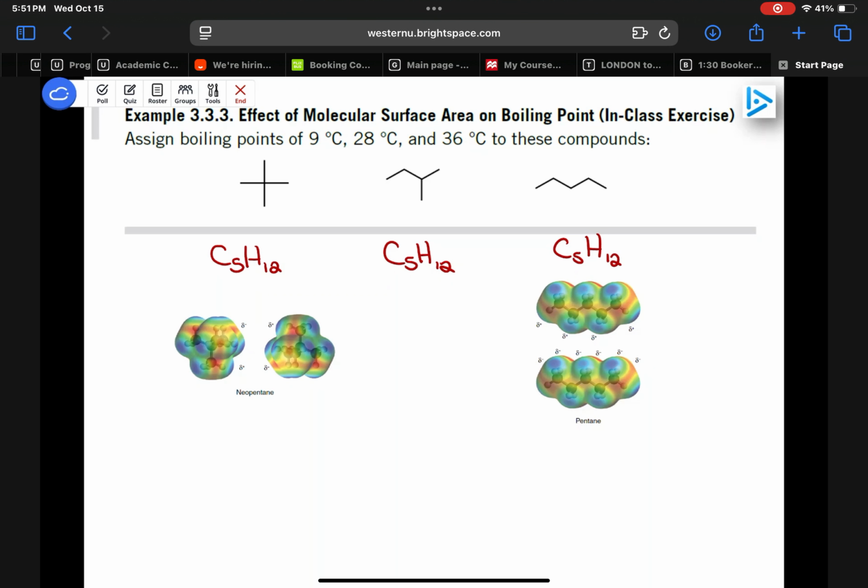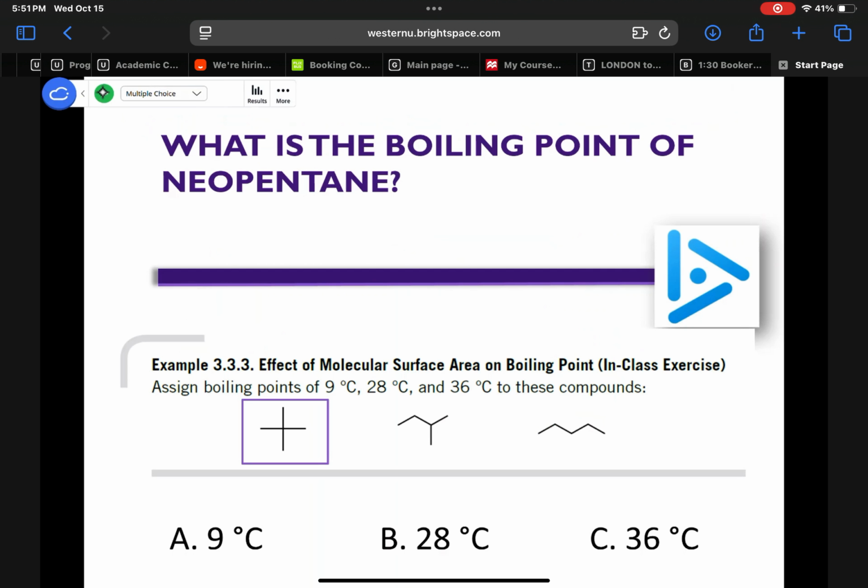So we're expecting them to have the same intermolecular forces. They can only have dispersion forces. They're not polar molecules. So I'd like you to work with the person beside you and answer the question. Well, what is the boiling point then of neopentane? And that's the one in the box there.